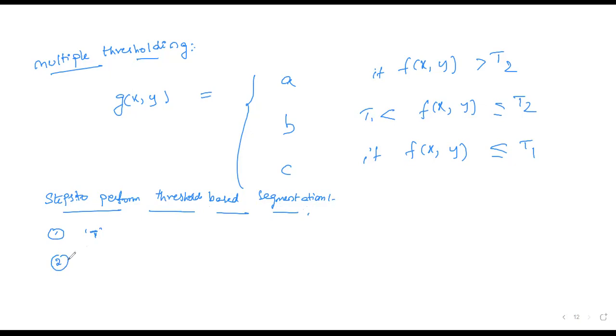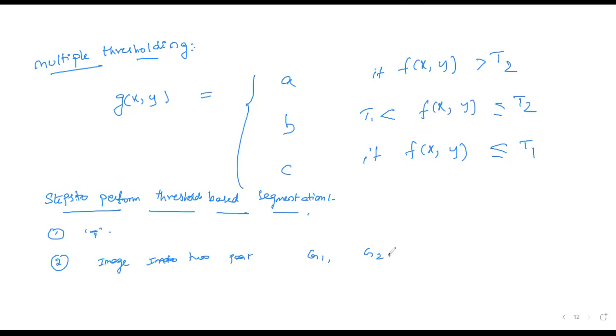Next, after defining this T, first split the image into two parts using T. Okay, so we get two parts, G1 and G2.